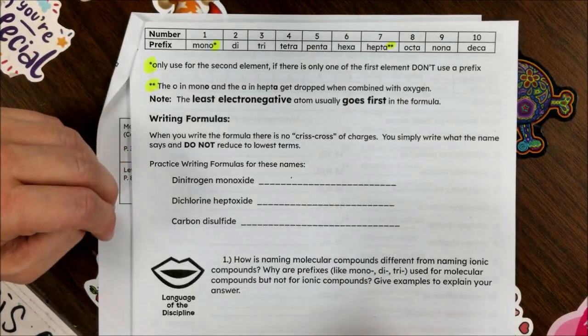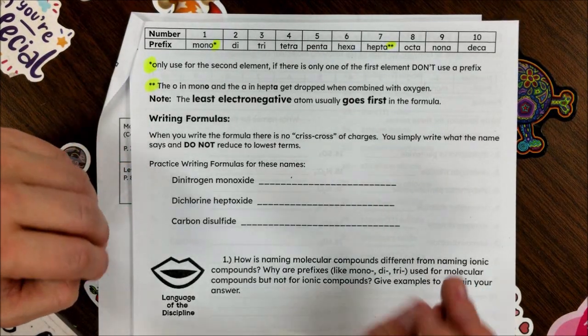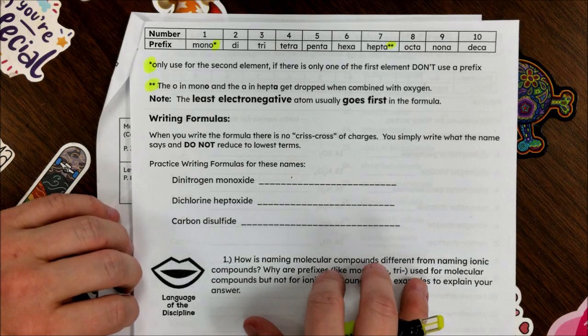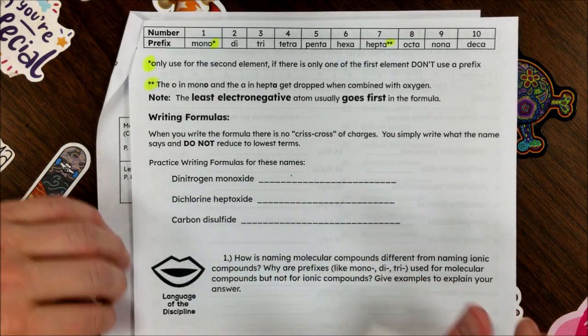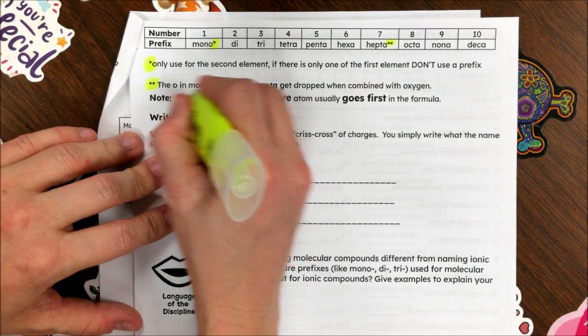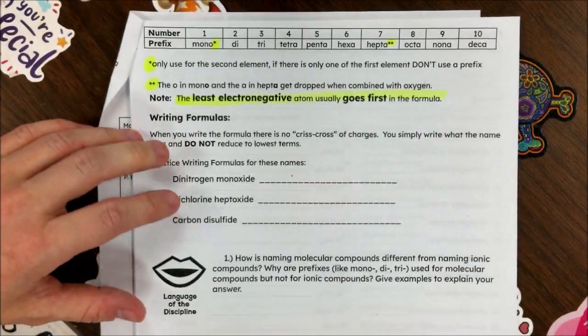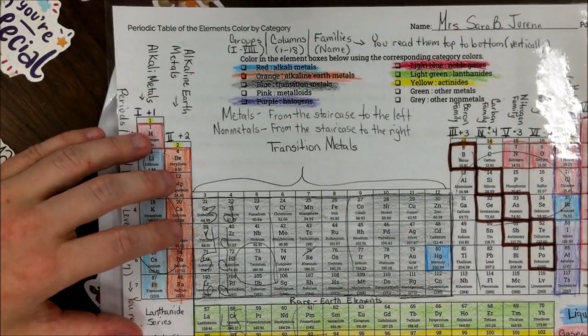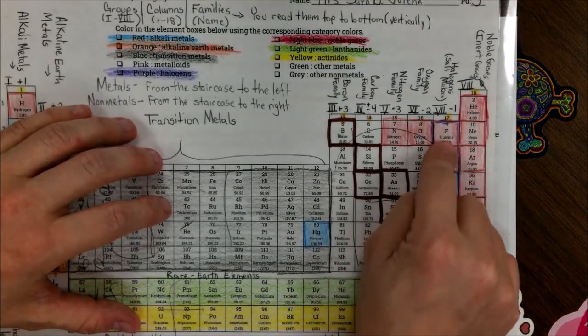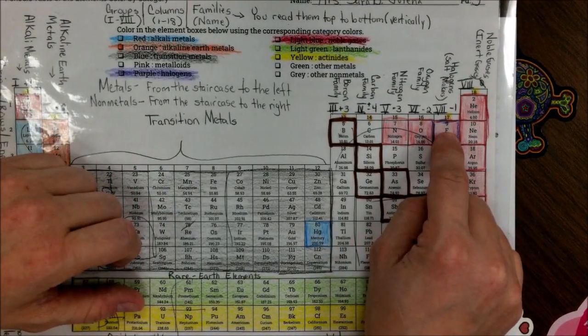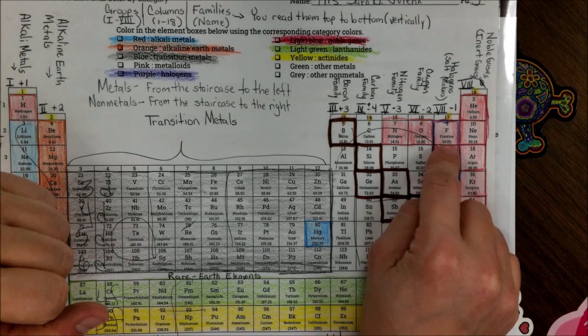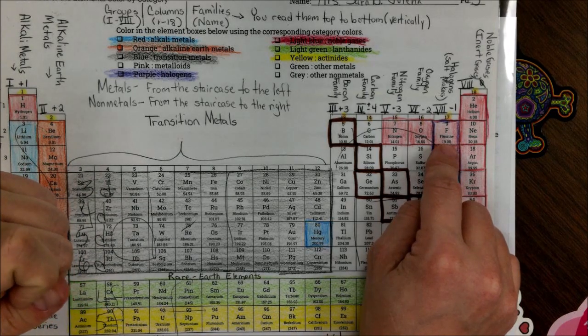Again, if you have a double vowel and it sounds kind of weird, you're probably dropping the O on mono. The least electronegative atom goes first in the formula. So remember that electronegativity increases as we go to the top right. Fluorine has the highest electronegativity.